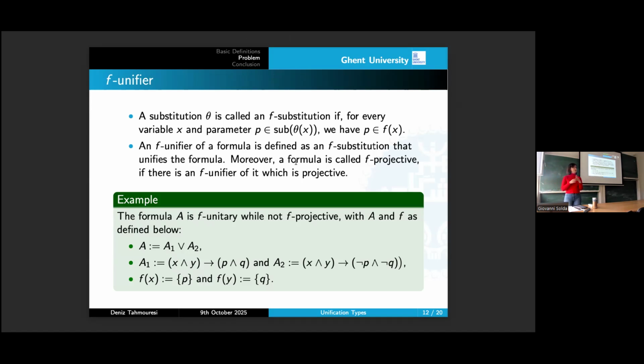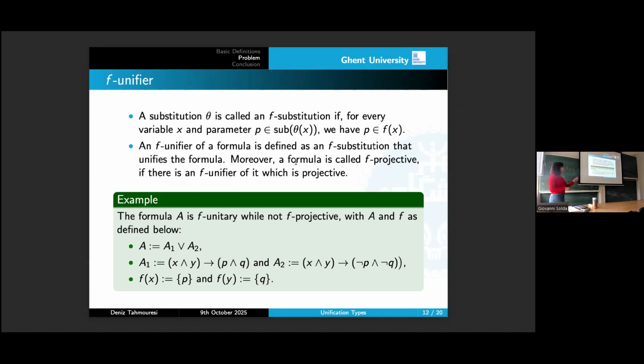To solve that, because we see that the boxes are going to appear every time that you substitute theta in the formula, we need to add some sort of restriction over our substitutions and unifiers, so we can make everything smoother and easier.